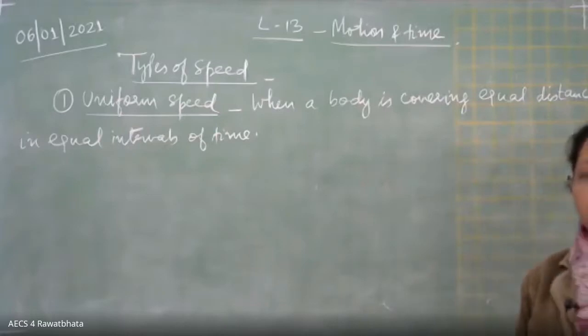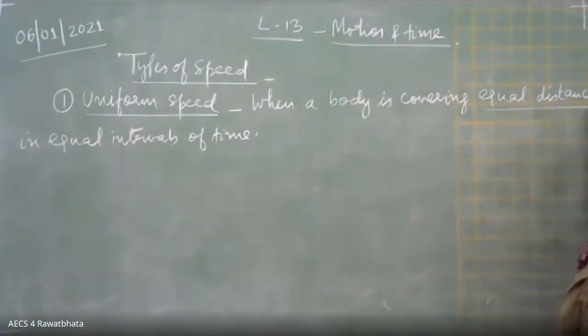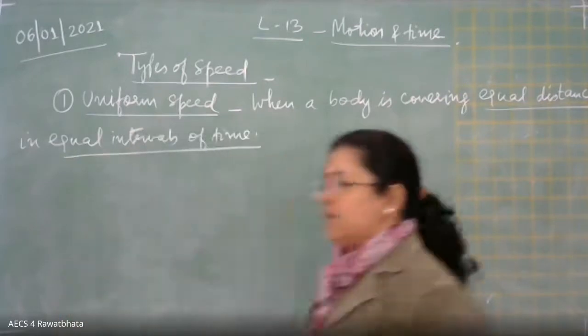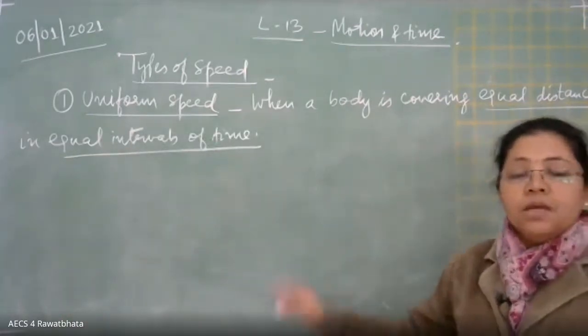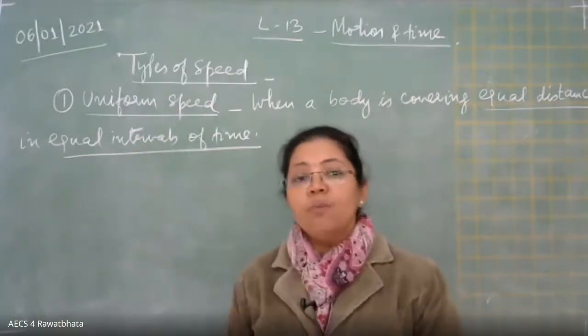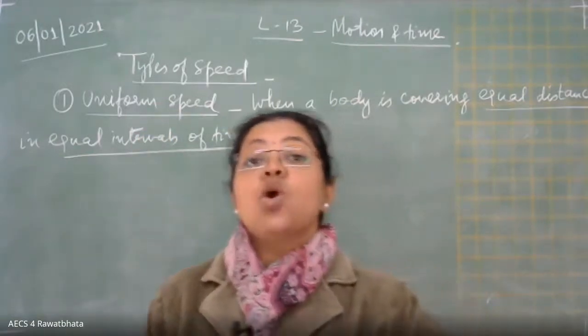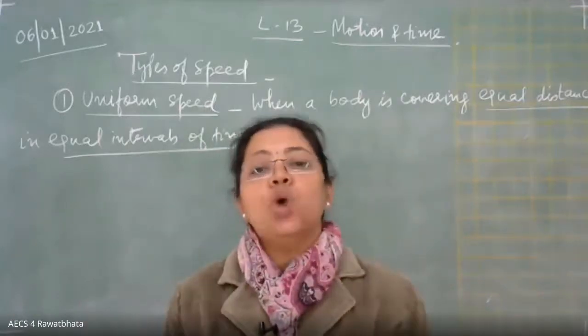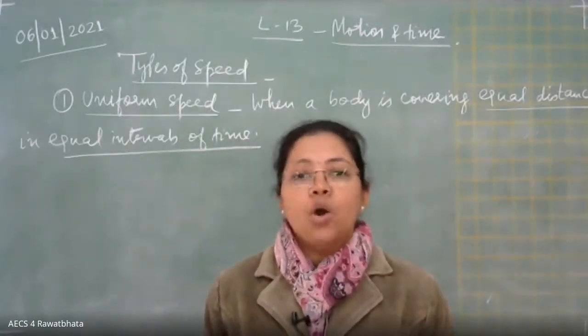When a body is covering equal distance in equal interval of time, then we say that the object is maintaining a uniform speed. Uniform means same, constant. It is not changing. It is same all throughout the motion of the object.